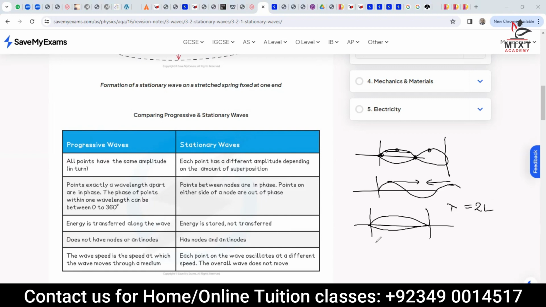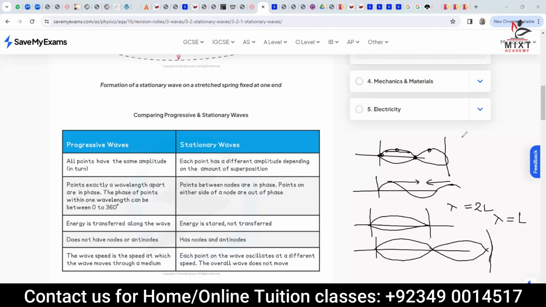Now, second, if there are two loops here, same thing, they reflect back. In that case, lambda will be lambda by 2, technically speaking. So I can say that lambda will be L, because this is your L.